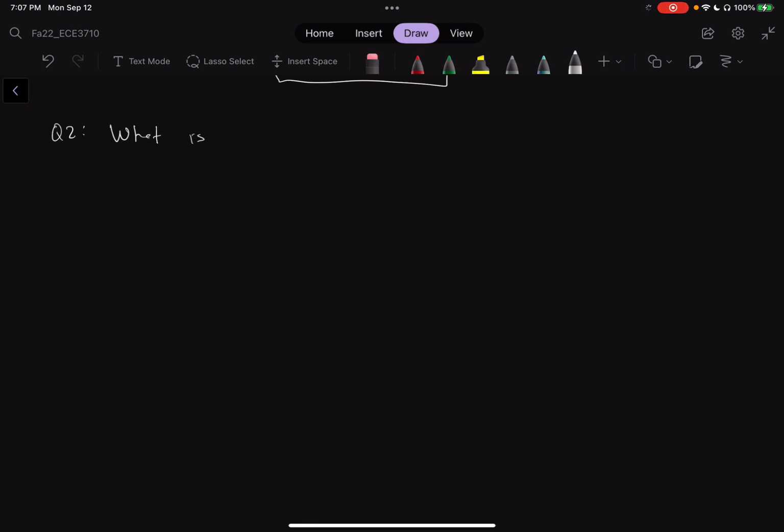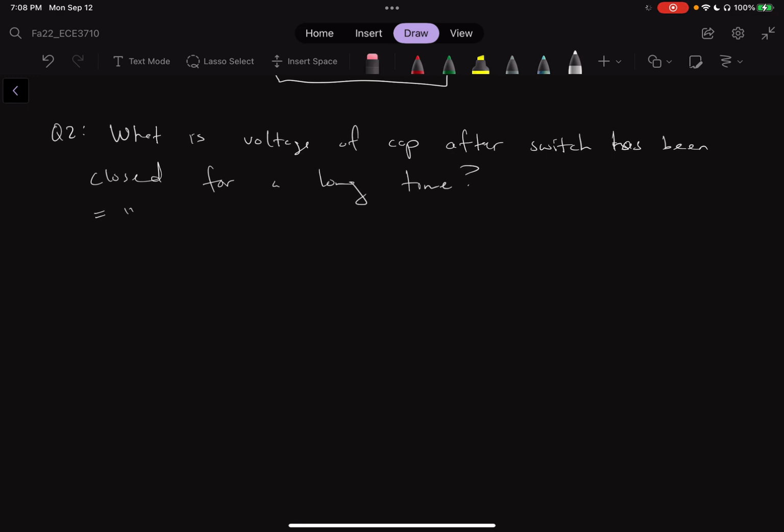Next question. What is the voltage of the cap after the switch has been closed for a long time? In other words, this is asking what is VC of t approaching infinity?